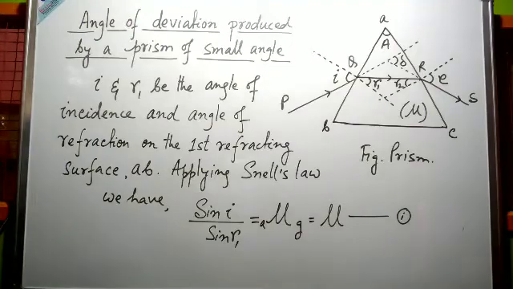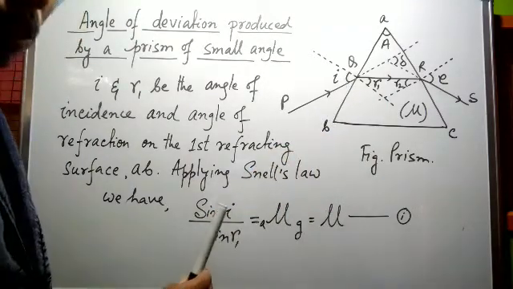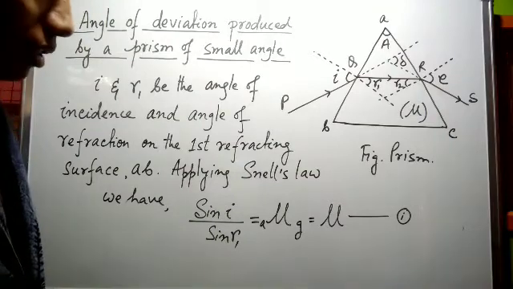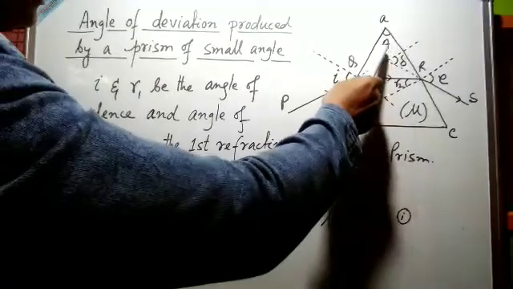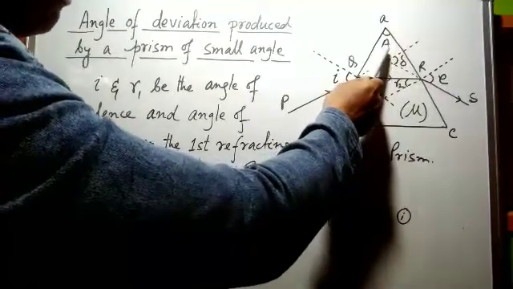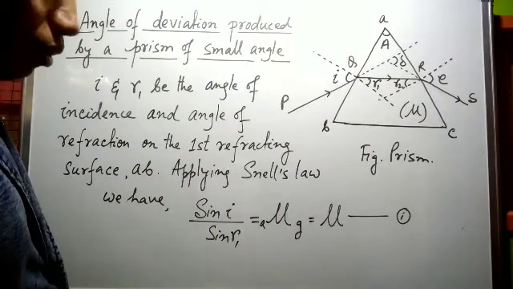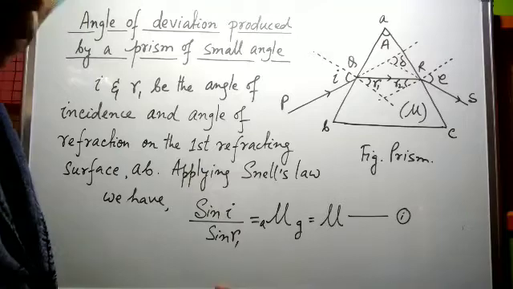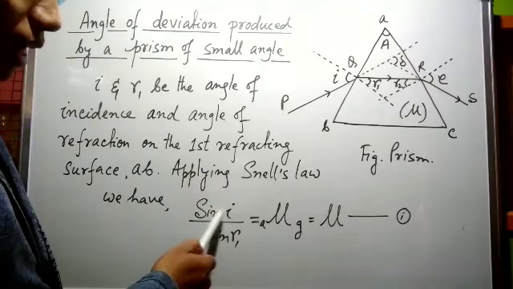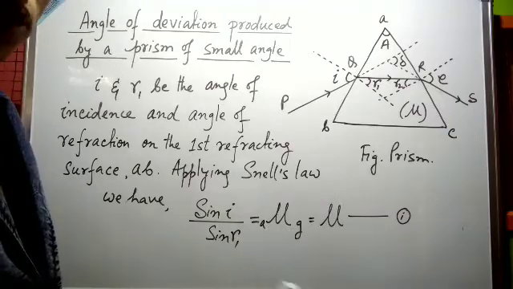And the method is: I and R1 are the angle of incidence and angle of refraction. Since the angle of prism capital A is small, the angle of incidence and angle of refraction are also small. Since the angles are small, sin I is approximately I, and sin R1 is approximately R1.